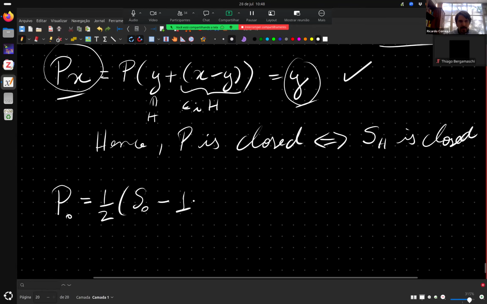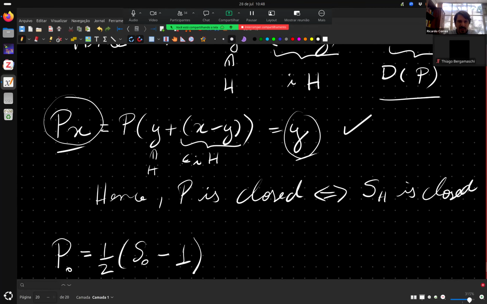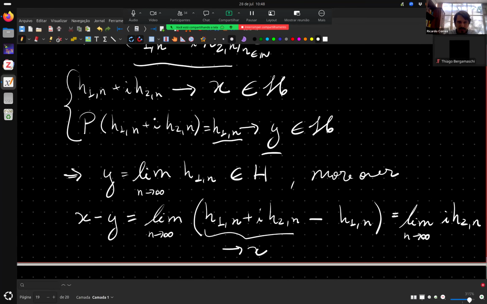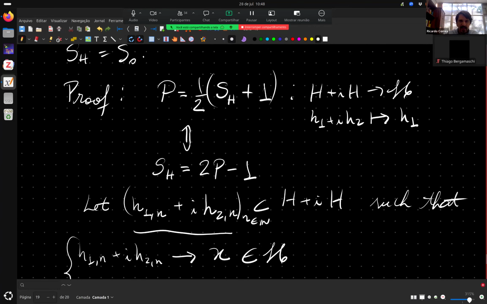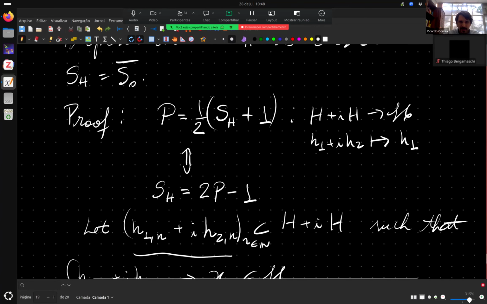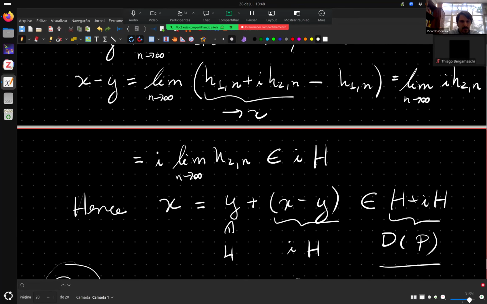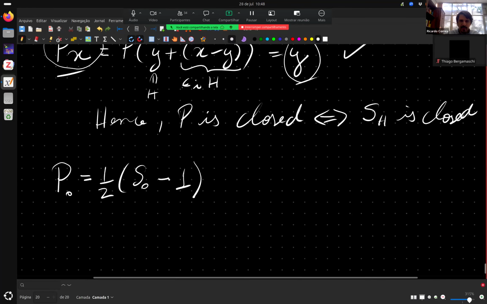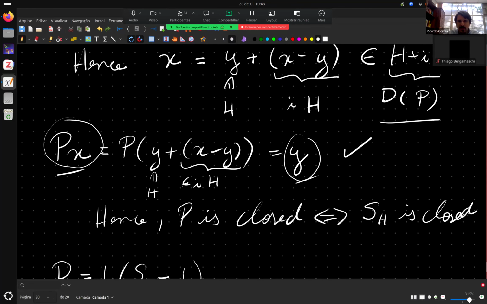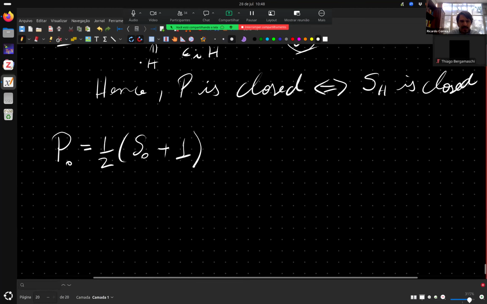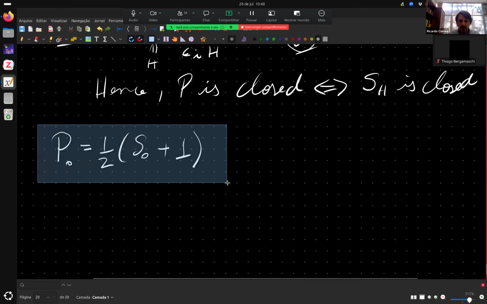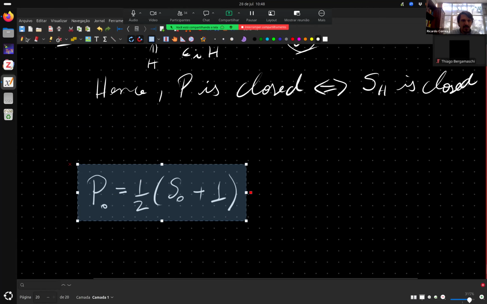So it's basically the same type of projection that I defined with SH, so 1/2, oh, it's a plus. The same type of projection, but now with a smaller domain. So they do exactly the same, but they are not the same, just because the domain is different.